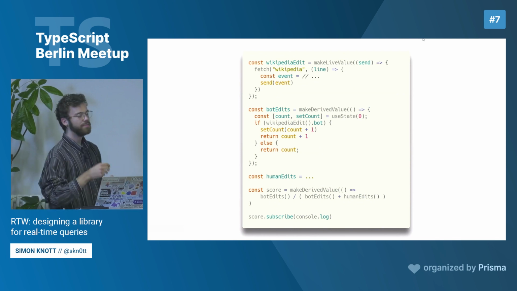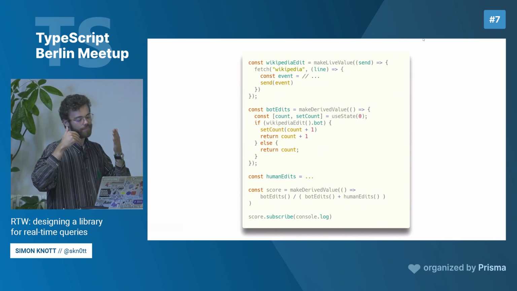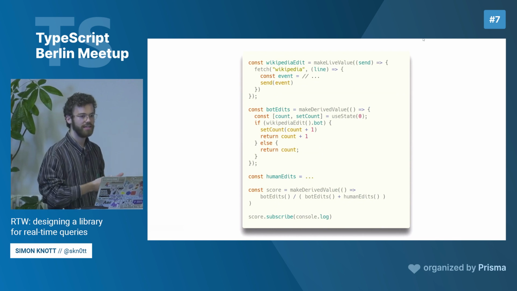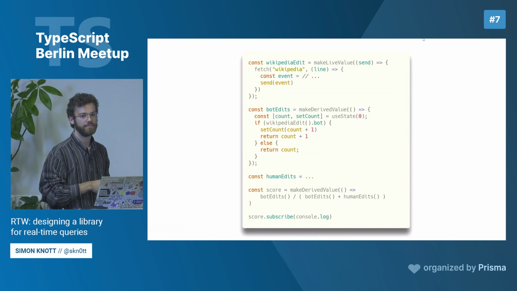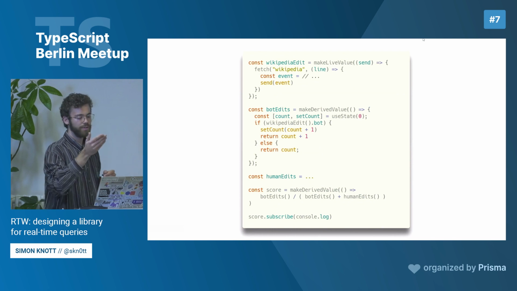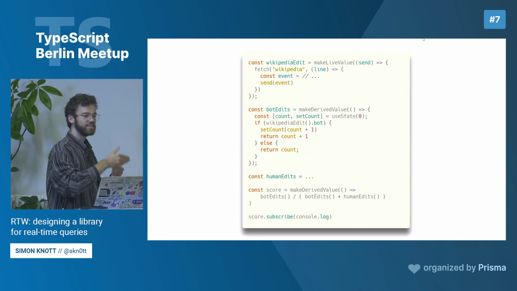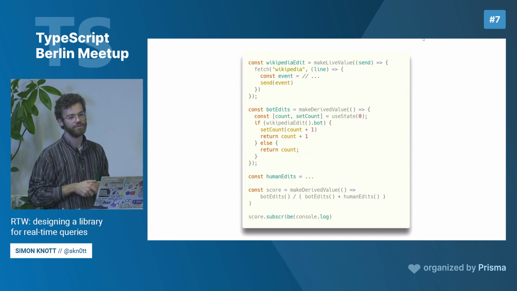So the idea behind these setter functions in React is that if you make a call to set count, that is the queue that React can use to know, well, this changed, so we might re-render it. And React will then re-render the thing, and in the next render, you will see the updated value.